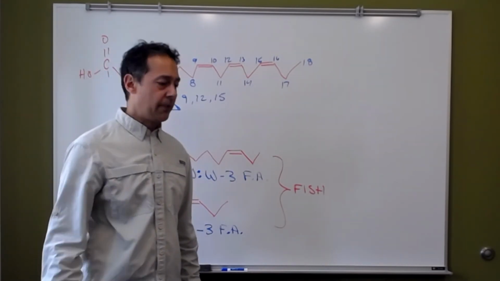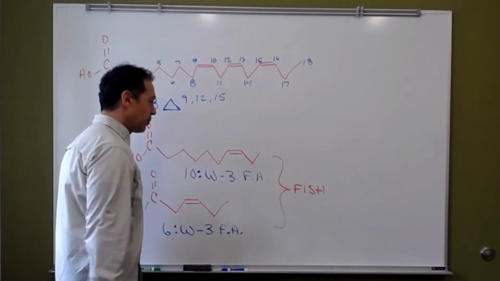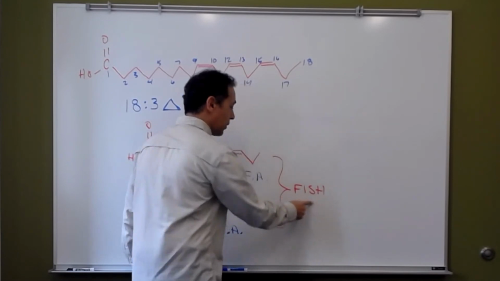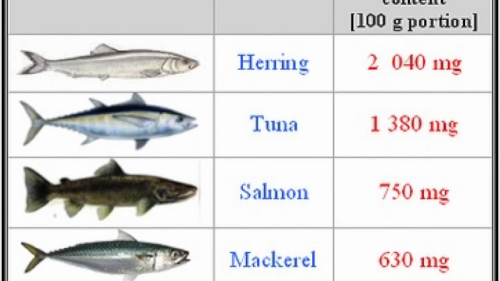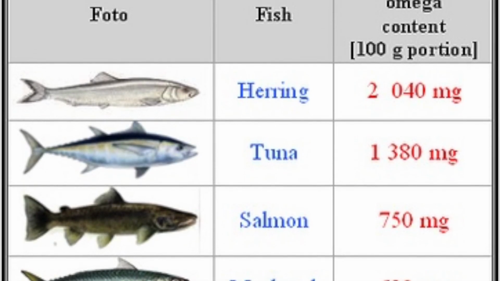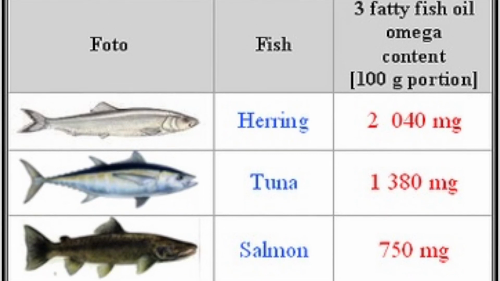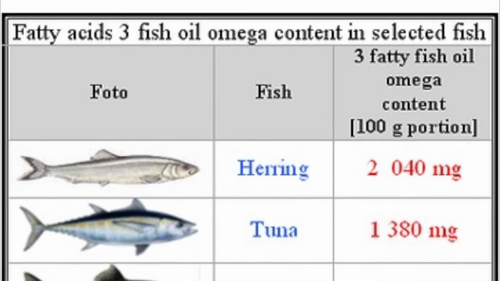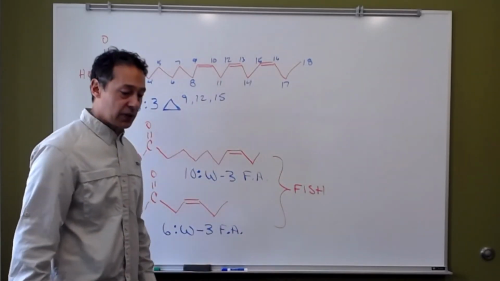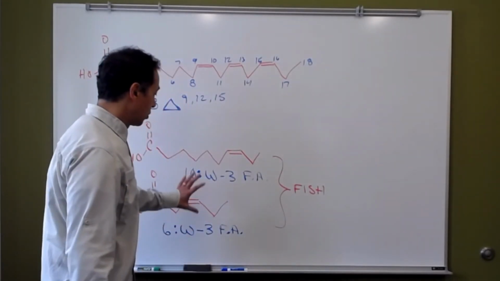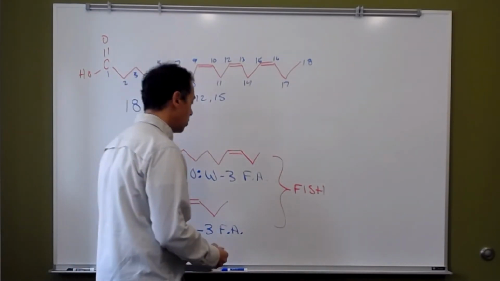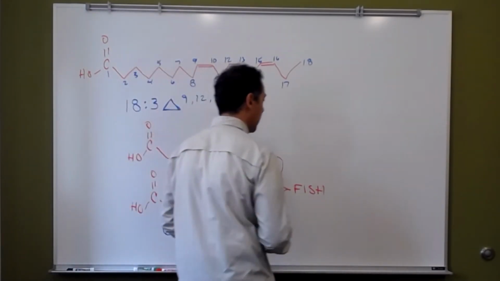What's up with that? Well, they studied these people, and they found that they're getting a lot of their fatty acids from fish, specifically these deep water cold fish like mackerel and tuna and herring and salmon that have lots of these omega-3 fatty acids, okay? And that seems to lower your risk of cardiovascular disease, as opposed to omega-6 fatty acids.